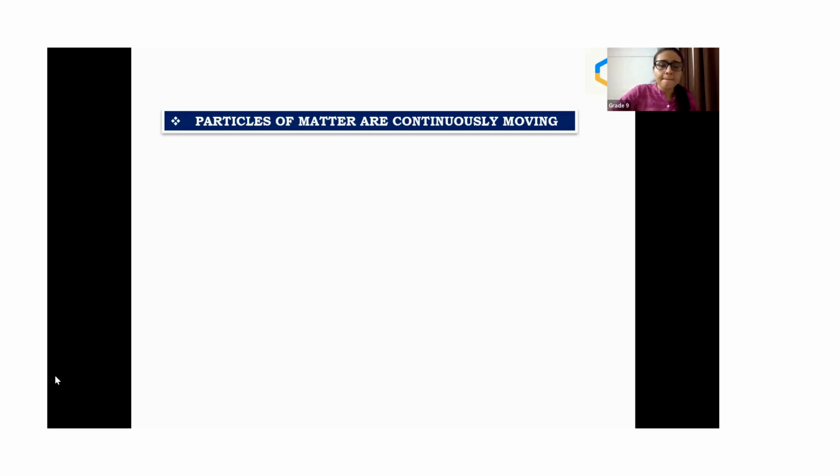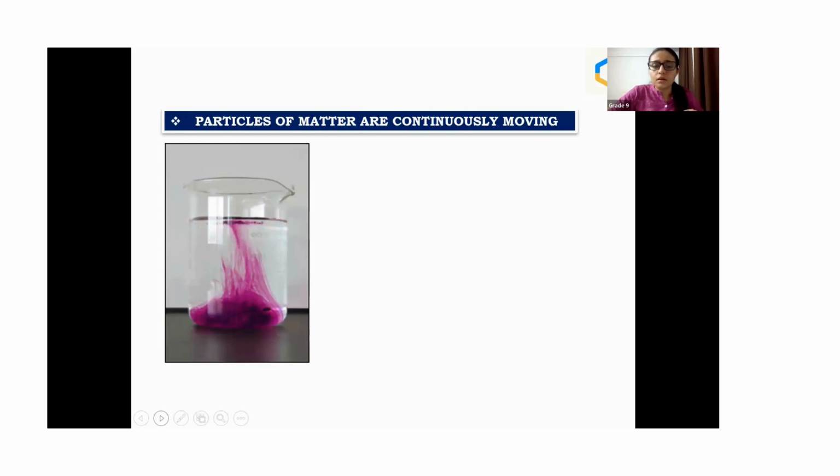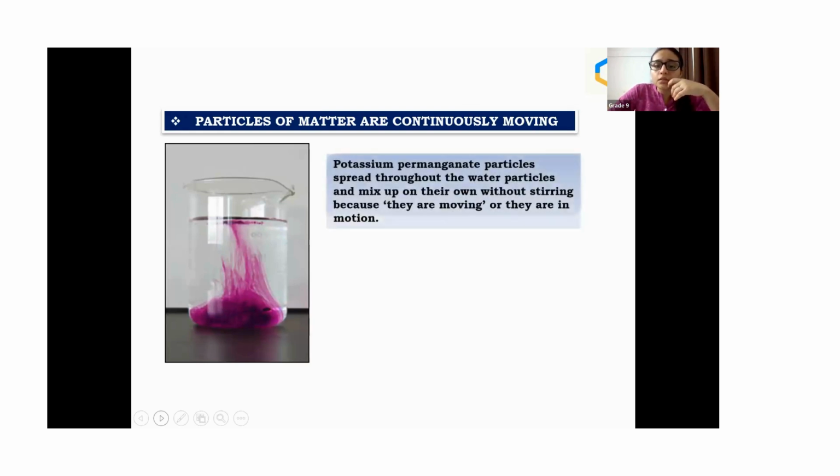Okay, students, many a time questions will come from this particular property. Potassium permanganate particles spread through the water particles and mix up on their own without stirring because they are moving, or they are in motion. Yes, it can be the answer.